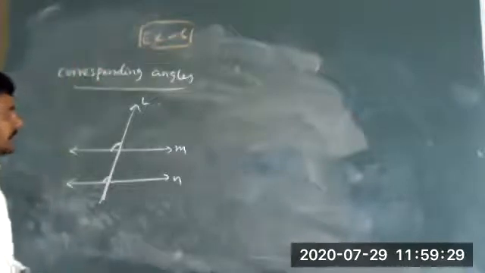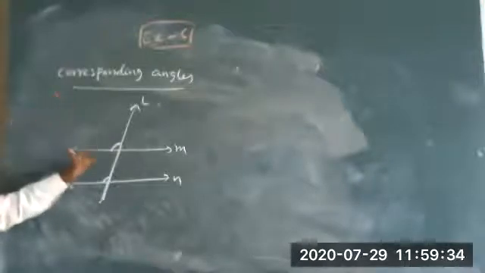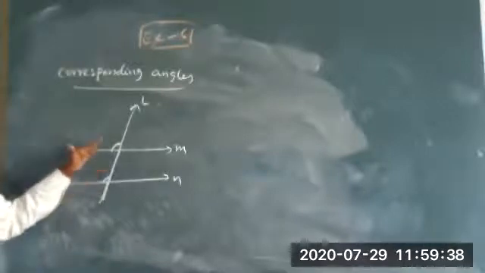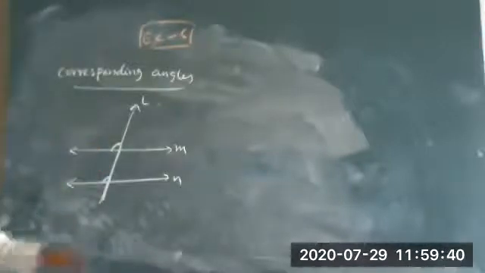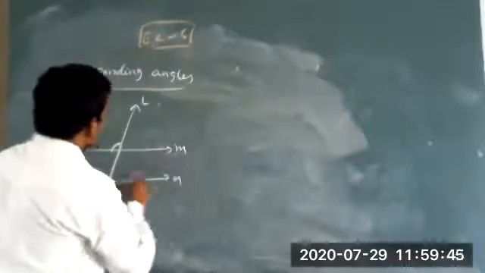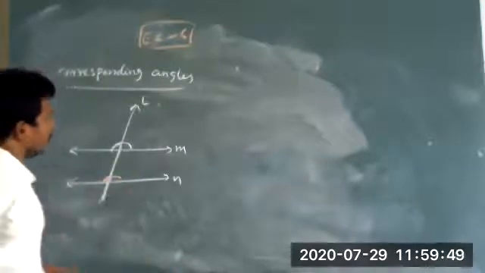Once you listen: one exterior angle and one interior angle on the same side of the transversal. These two are called corresponding angles. These two are corresponding angles, and these two angles are corresponding angles.